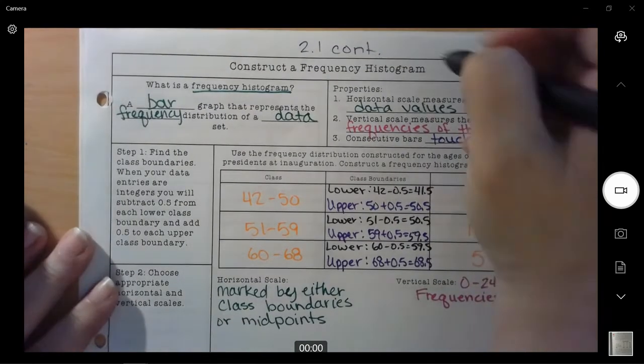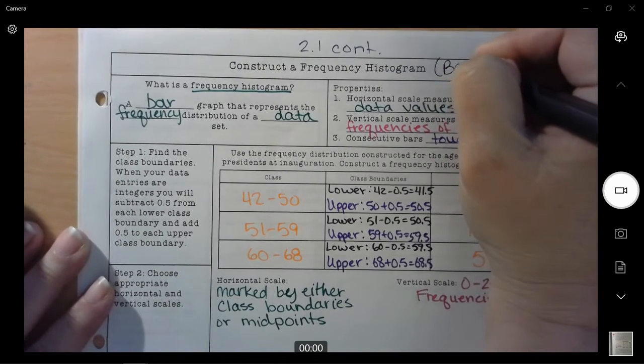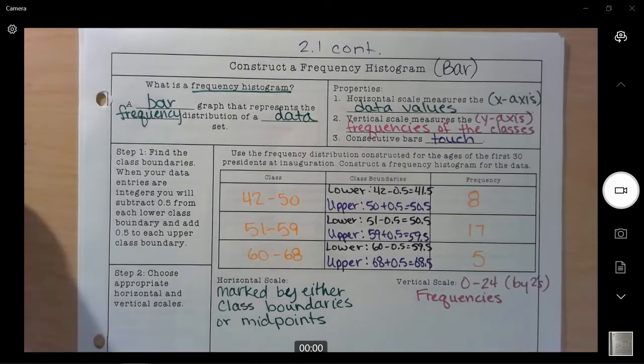All right, now that we have a frequency table, we are going to create some graphs with them. So the first type of graph we are going to create is called a frequency histogram, which is just a fancy name for a bar graph, only it's a very special bar graph.